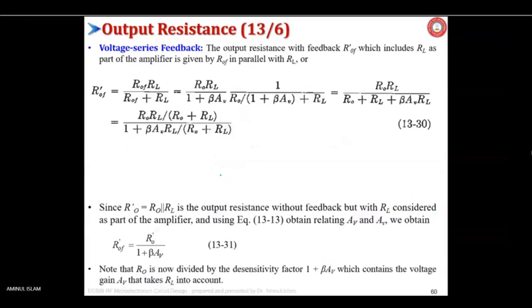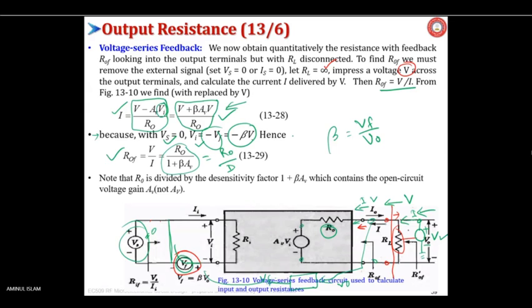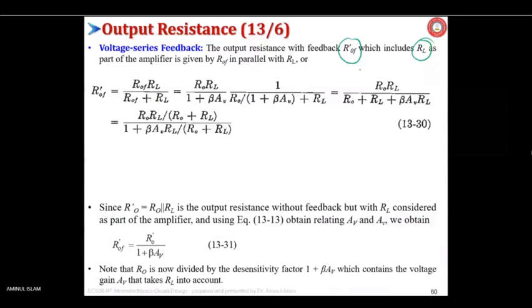Okay. Now, the output resistance with feedback, ROF prime, which includes the RL. Earlier we removed the RL in this discussion. I said at the beginning that on this side we have removed it and connected a voltage source. Now, if you include the RL as part of ROF, we can write a parallel combination of ROF and RL.